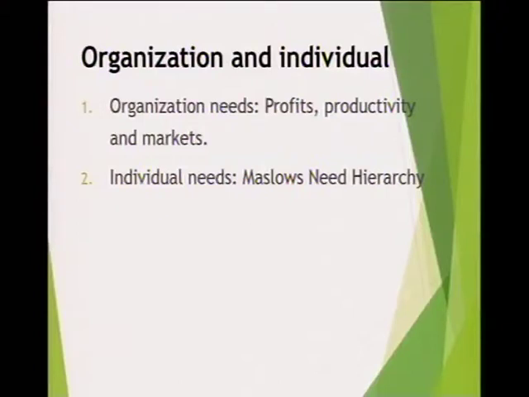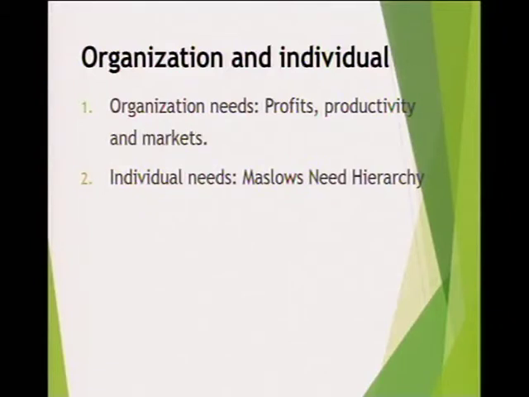And then we look at organization and individual. Here, what are we talking about? We are saying there are some organizational needs. An organization needs to make profit. It needs to ensure that it continues producing. And productivity here refers to quality products. It also needs to maintain the market share and even enlarge the market share.